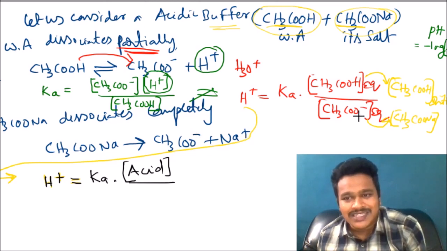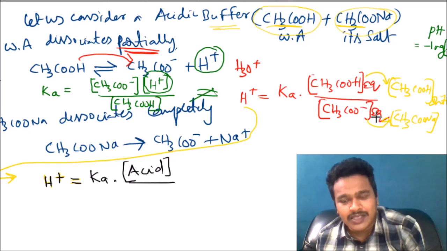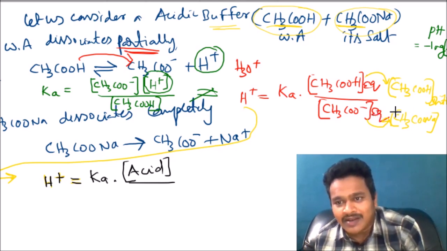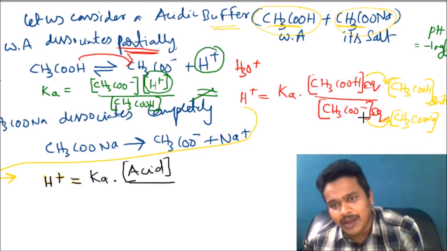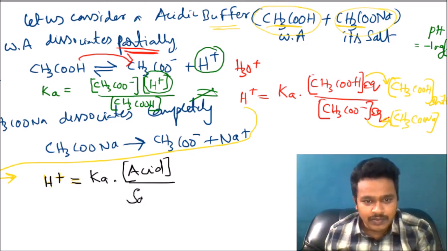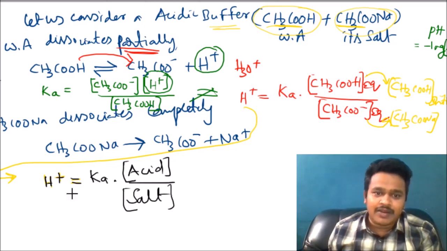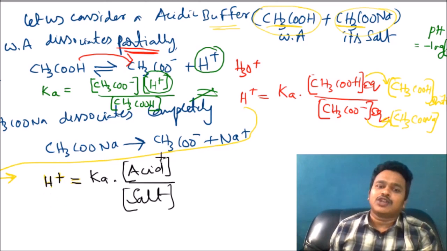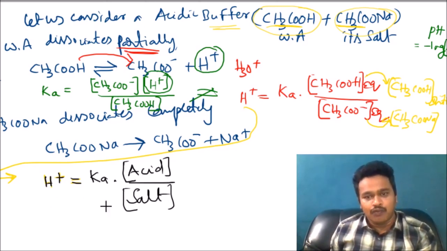So in this formula, CH3COO minus ions at equilibrium is nothing but whatever salt you take initially, because the salt dissociates completely. So I will consider this as the concentration of the salt. From here onwards, textbooks start the derivation. So now you can get a better idea, hopefully.